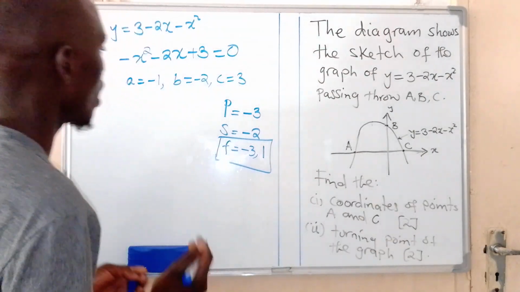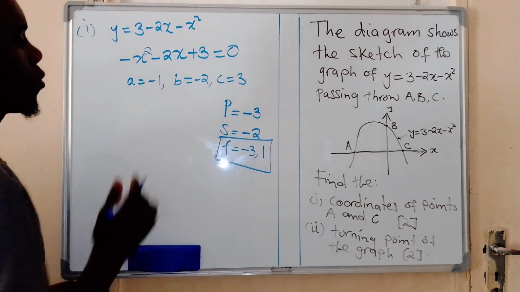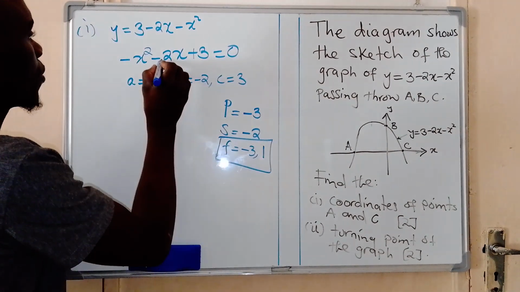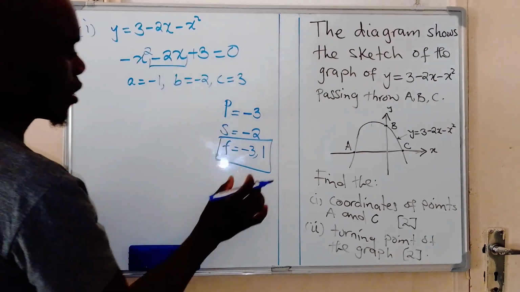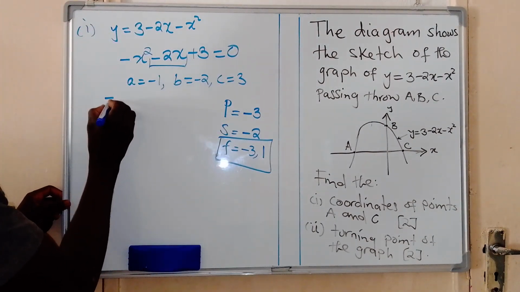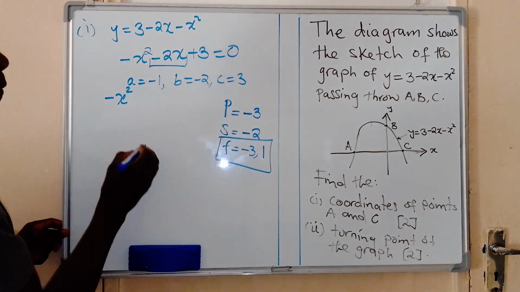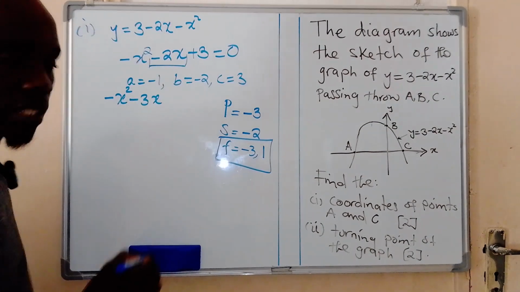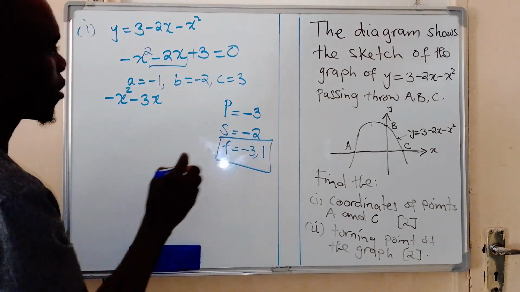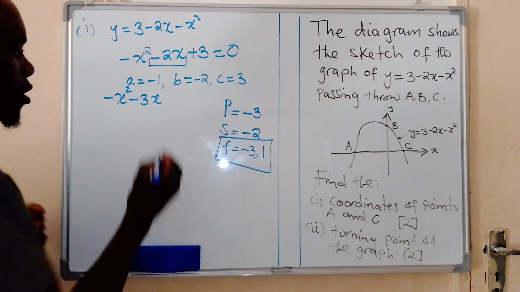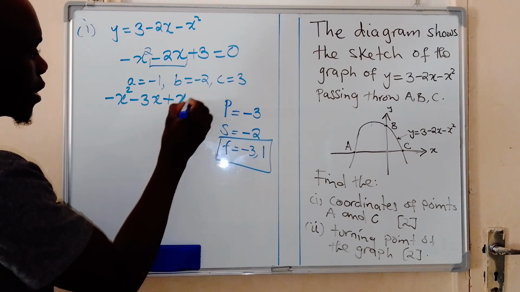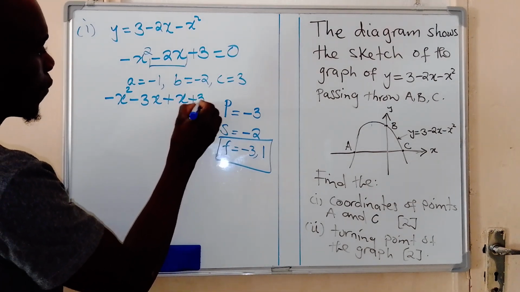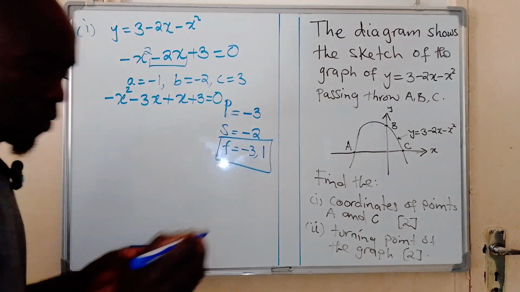But so that you see it nicely, you fuse these into the quadratic equation. You substitute right here these two values. So you end up getting -x squared, then -3x. The second one is 1x, so you say plus x, then plus 3 is equal to 0.